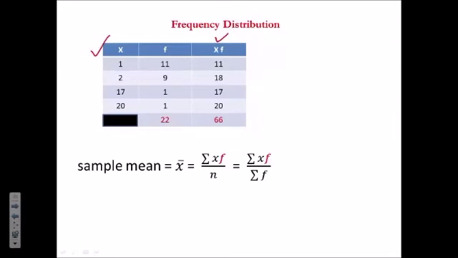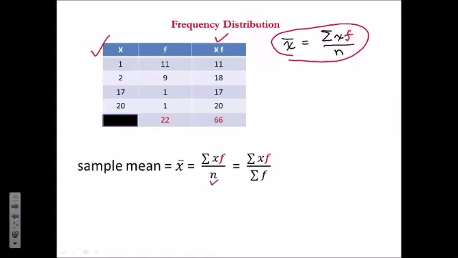If you recall, the definition of the sample mean was the sum of the scores divided by the sample size. Well, instead of summing the scores individually, we could multiply the score by the frequency and sum those. And that's going to be our formula for the mean of a frequency distribution.